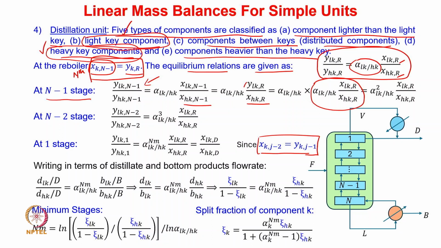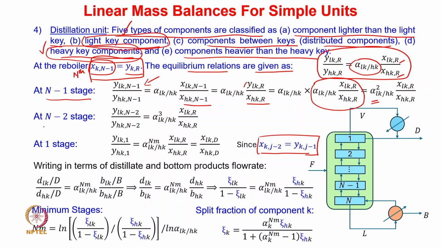Okay, so in this manner you can see that at n minus 1 stage what we are ultimately going to get is ylk n minus 1 divided by yhk n minus 1 is given as alpha lk by hk square into xlkr divided by xhkr.